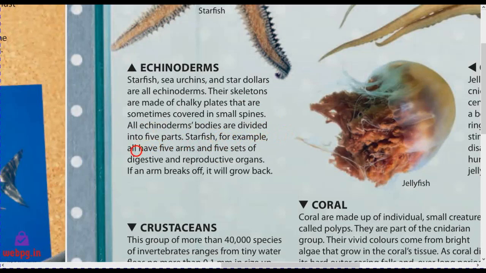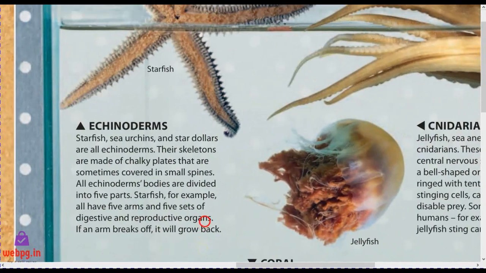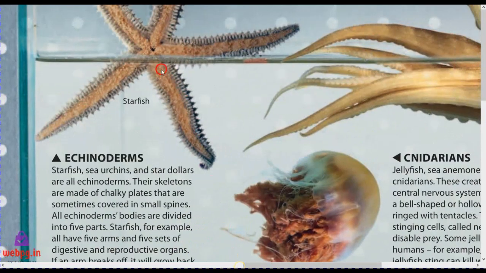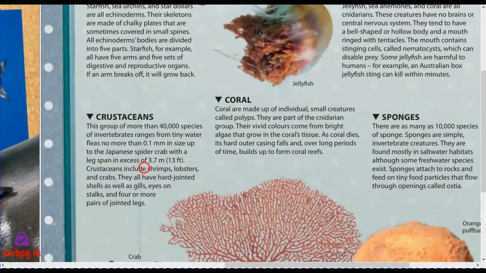Starfish, for example, all have 5 arms and 5 sets of digestive and reproductive organs. If an arm breaks off, it will grow back.